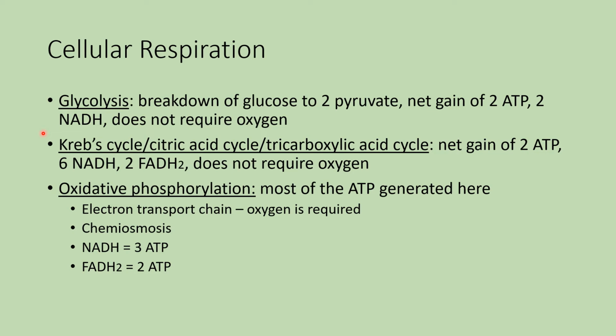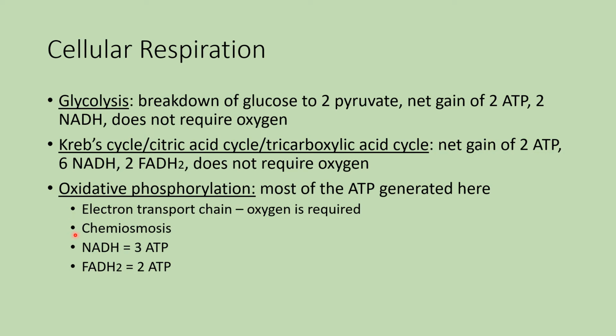If oxygen is present, fine, everything continues on from glycolysis on down through the Krebs cycle, and then on to oxidative phosphorylation. This is where most of the ATP is going to be generated. It's often divided into 2 parts, the electron transport chain, and that is where oxygen is required. It will not occur without oxygen.